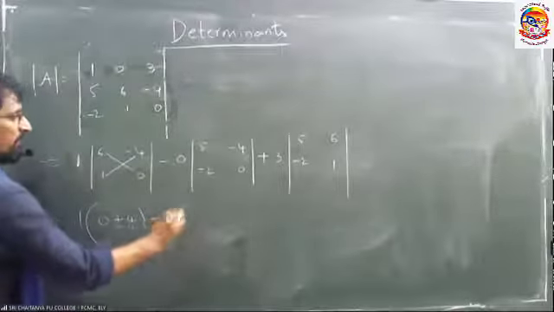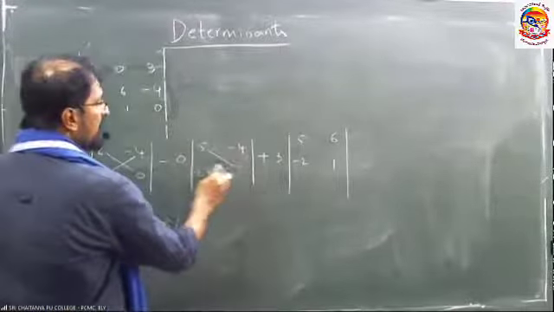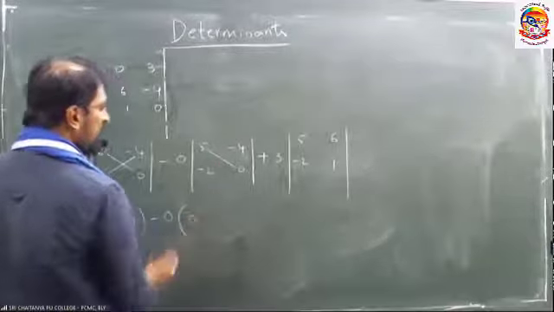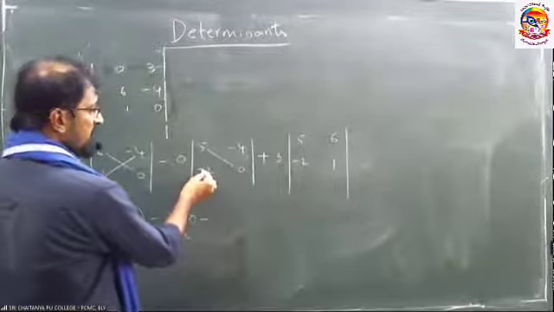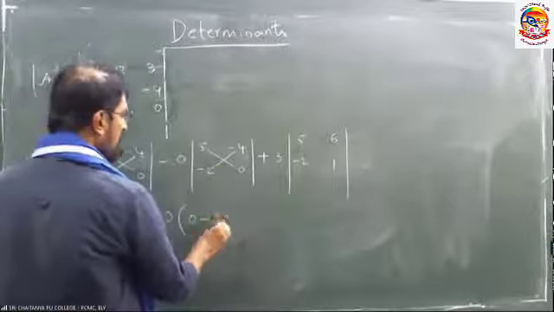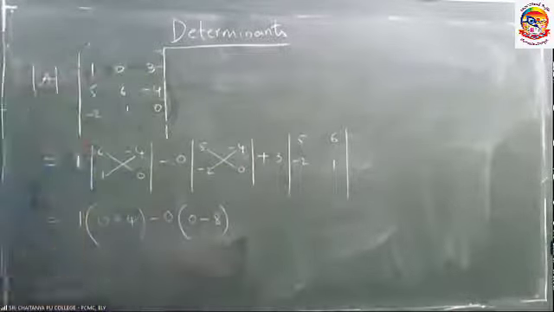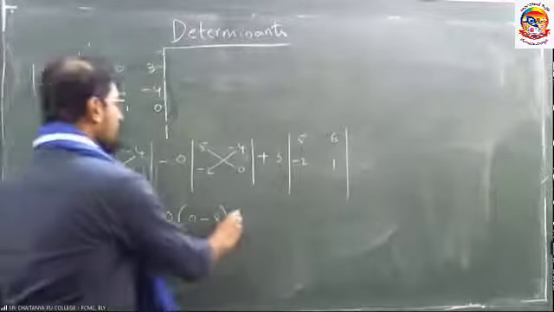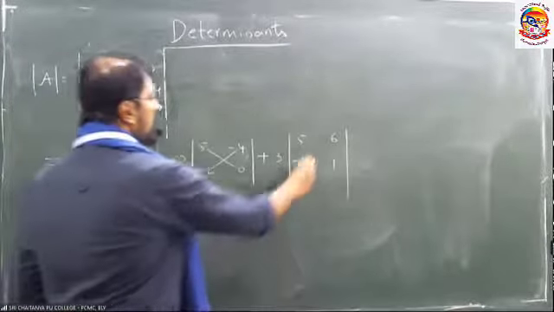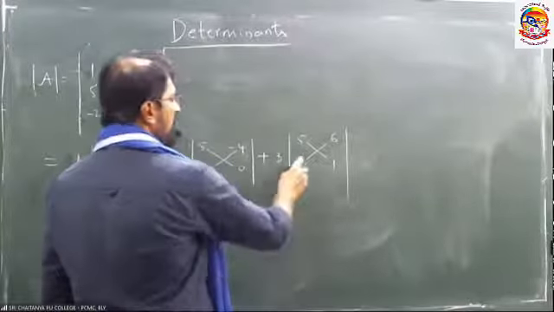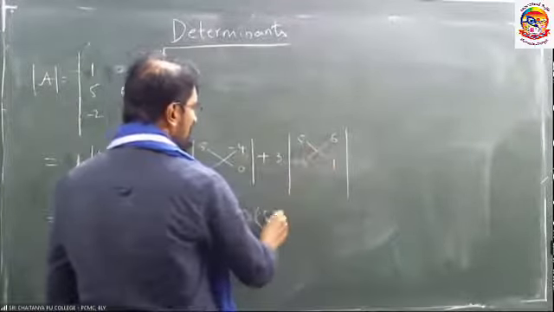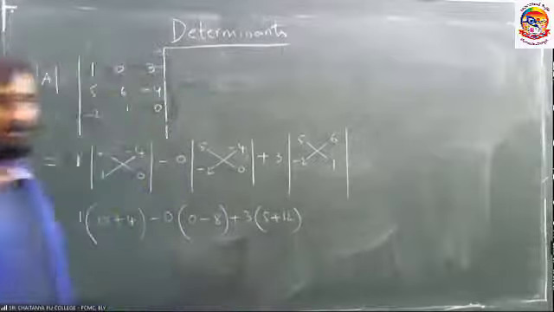Minus 0 into AD, 5 into 0, 0, minus of minus into minus, positive into 8, it is minus 8, already positive over there, right? Now plus 3 into AD 5, minus of minus 12 is nothing but positive.